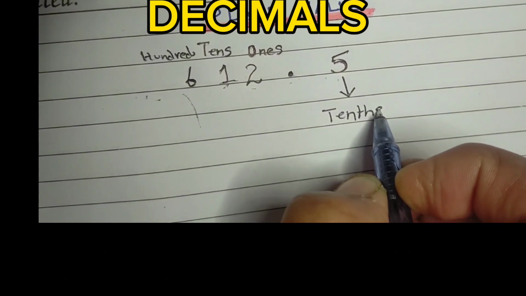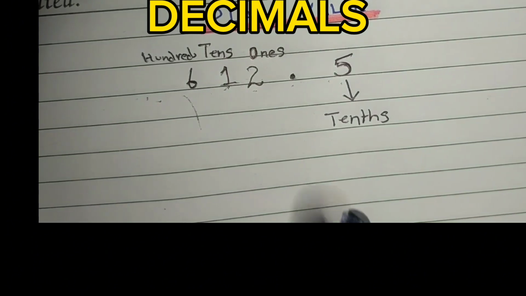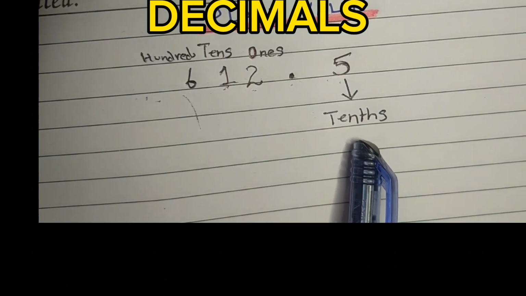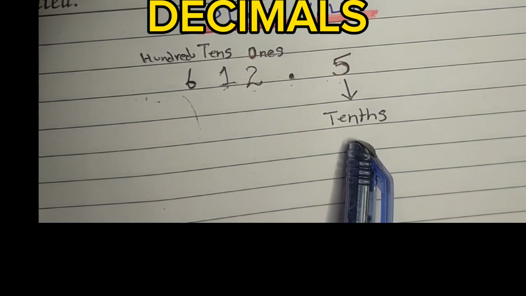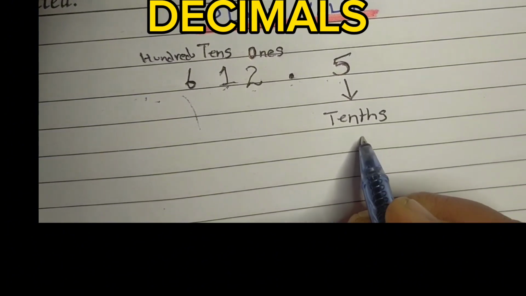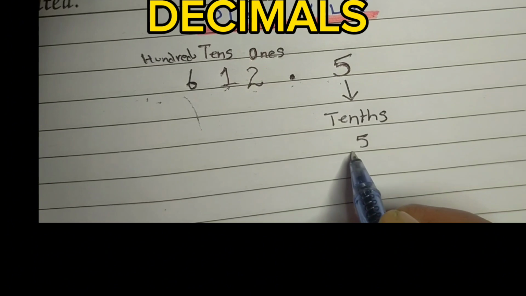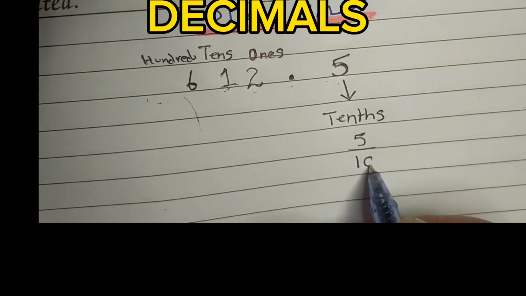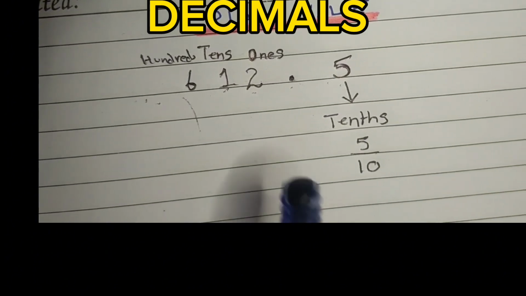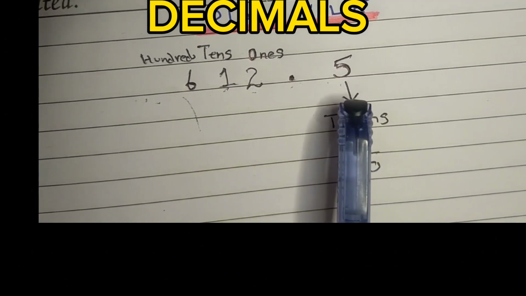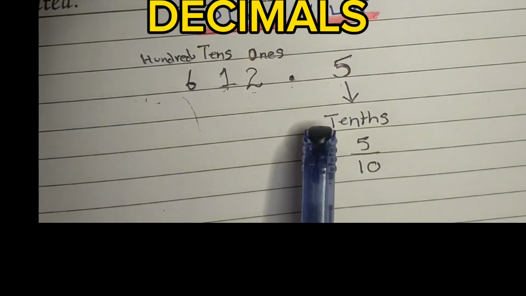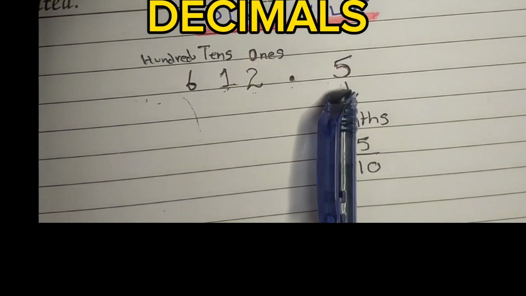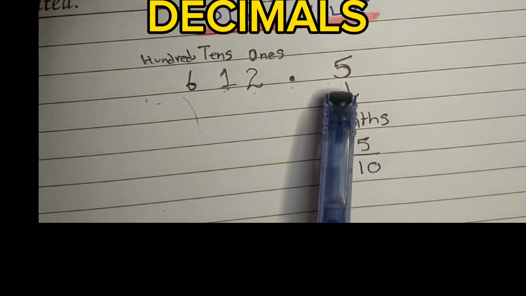Let's have a look at the spelling here. It is tenths. So how do you write tenths as a fraction? It is 5/10. Any number that comes after the decimal point is a fraction. So the first digit that you see here is your tenths.